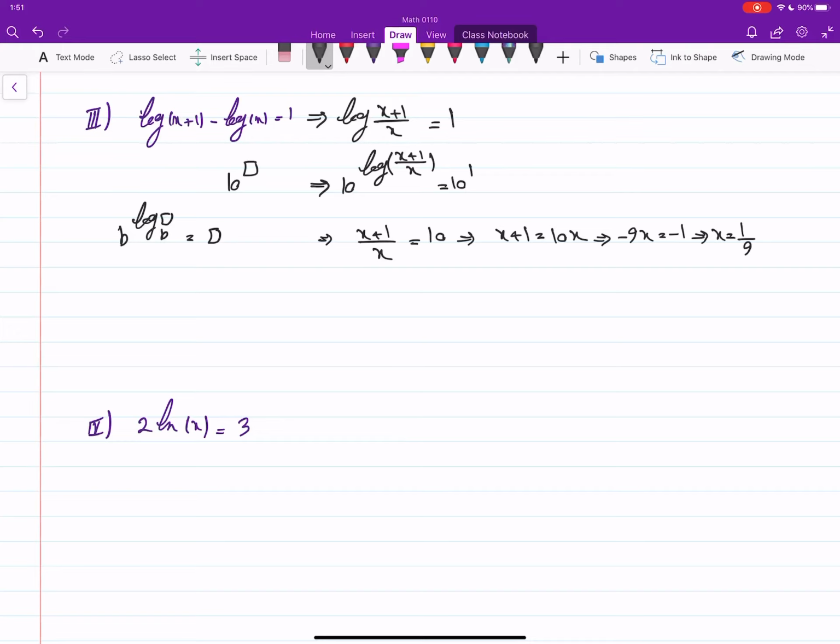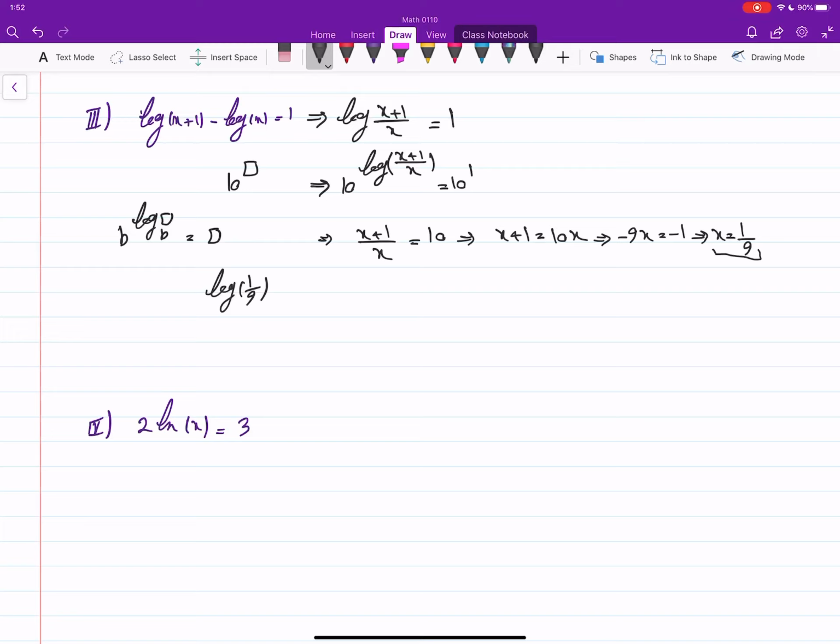Here is one thing that is different for the logarithmic equations compared to exponential. When you find the solution, you need to make sure that the solution is in the domain of the logarithmic expressions. So here, log of 1 over 9.